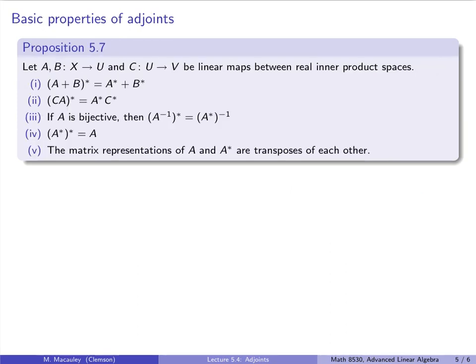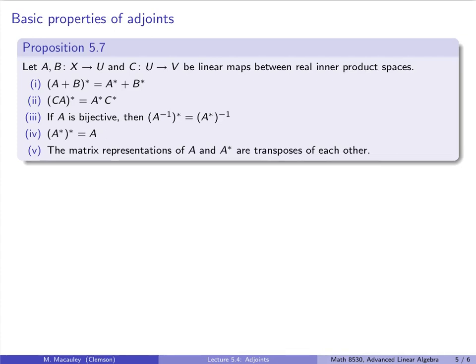Next, we have a multi-part proposition, which should look very familiar because we did something just like this for transpose maps. And indeed, if you replace these stars with primes, the same results hold. And the proofs are pretty much the same too. You basically just take A and move it to the other side of the inner product and put a star in front of it.